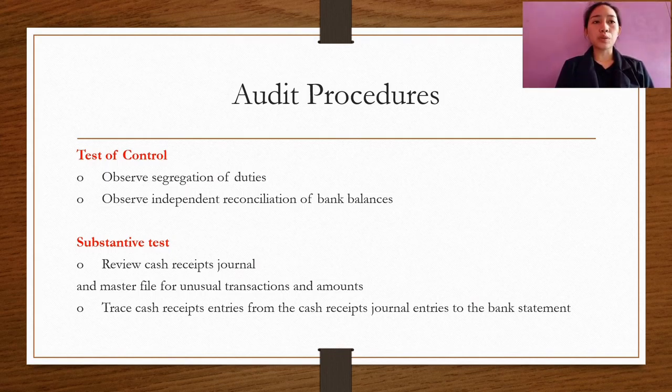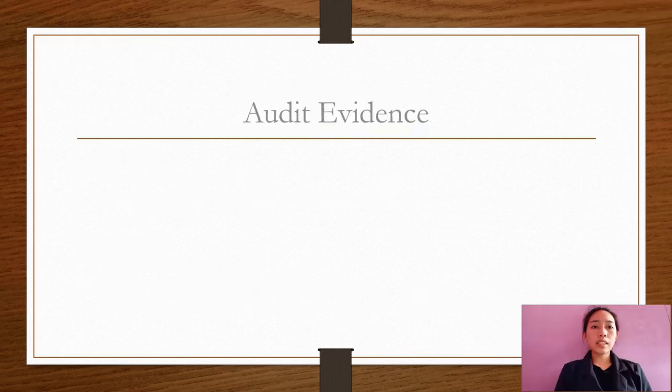Test of control is where we observe segregation of duties and observe independent reconciliation of bank balances, while the substantive test is to review the cash receipt journal and master file for unusual transactions and amounts, and also trace cash receipt entries from the cash receipt journal to the bank statement.